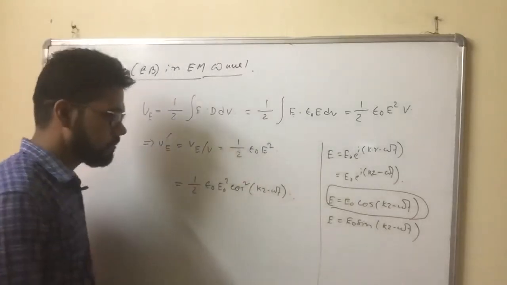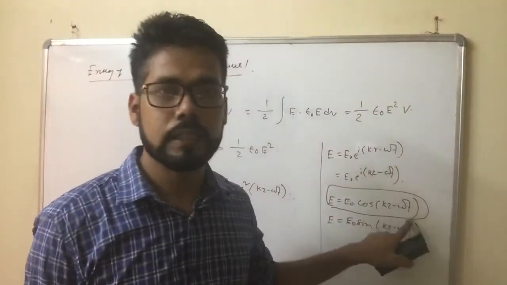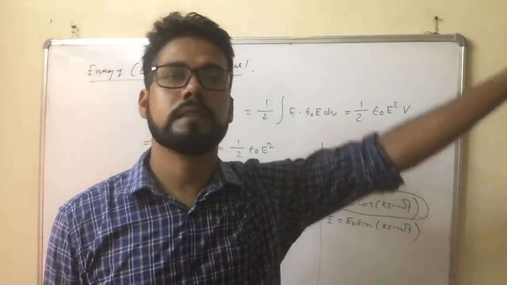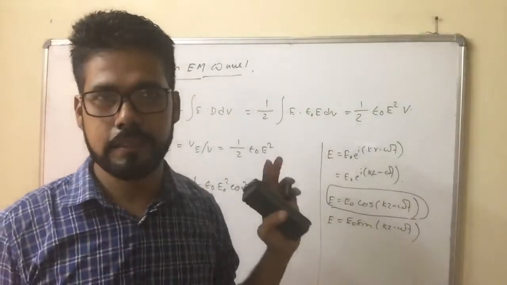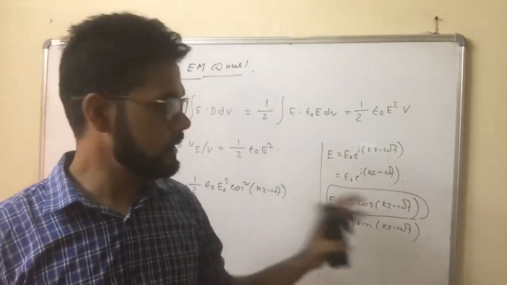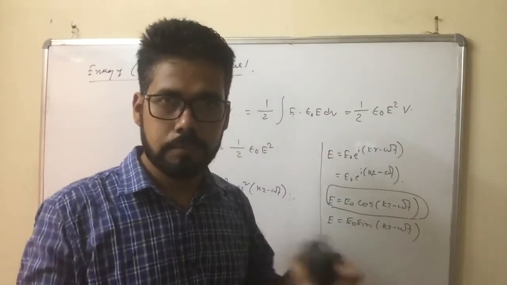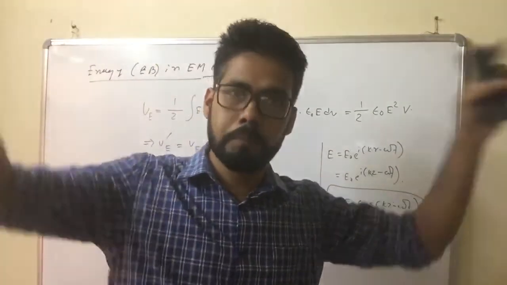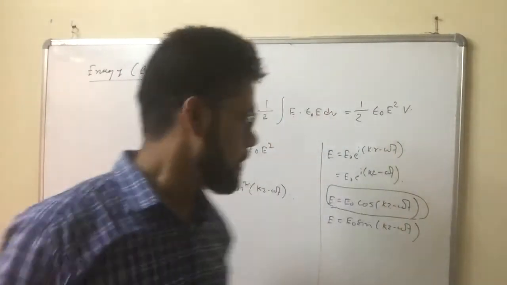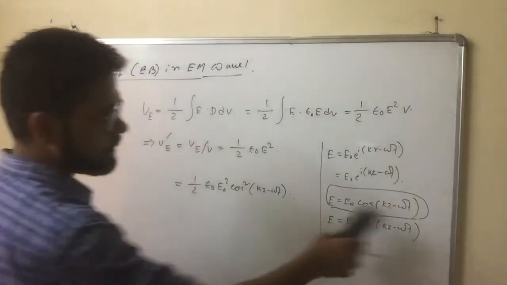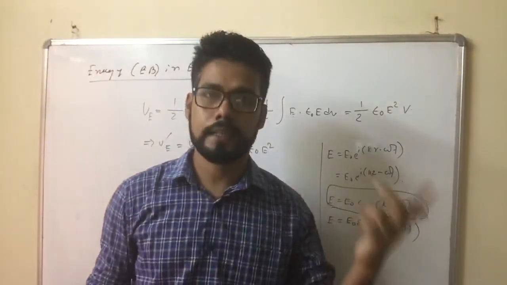To avoid confusion, if I take kz minus omega t plus delta plus something else, there will not be any change in energy. Any term inside the bracket you can add, provided there must be z and there must be time. This term will not affect the result. So this is called the instantaneous energy in the electromagnetic wave.